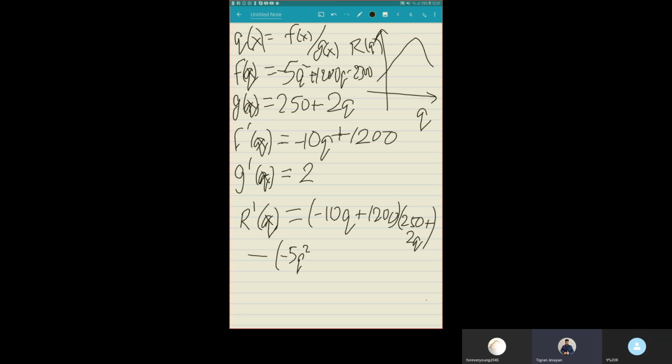So if we get rid of all the brackets, we get minus 100Q, minus 20Q to the power 2 plus 300,000, right.